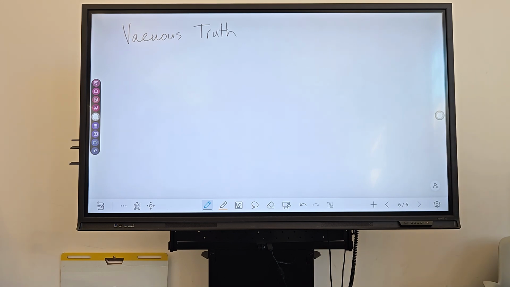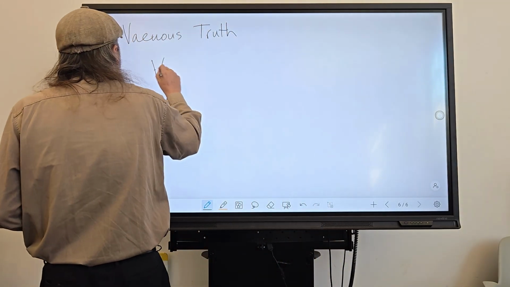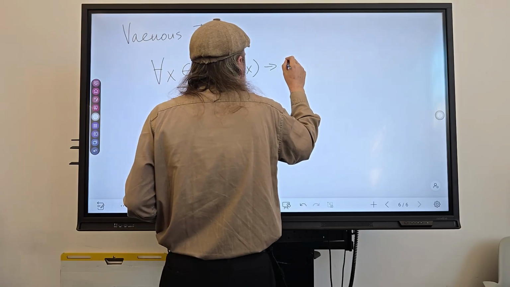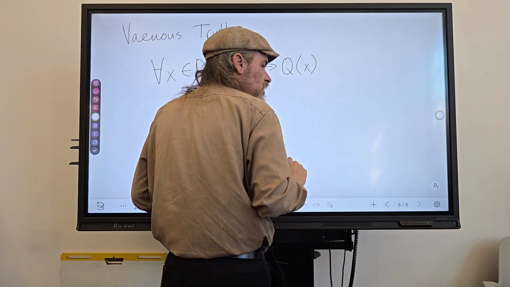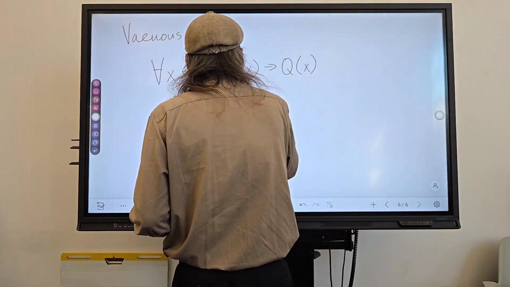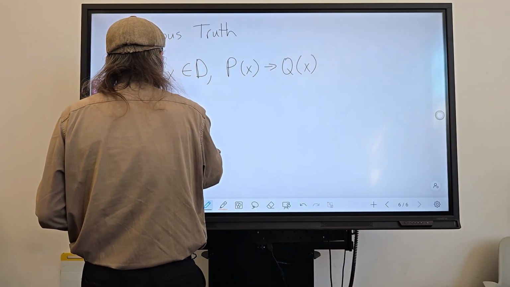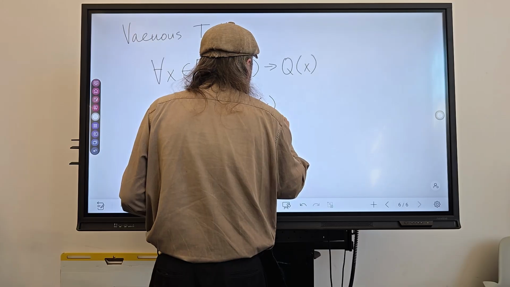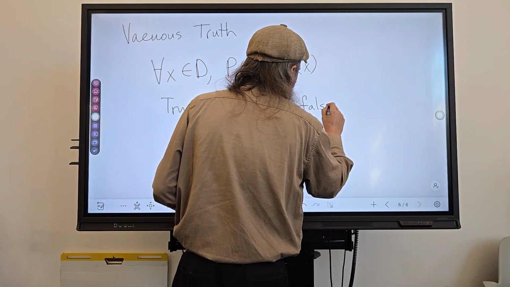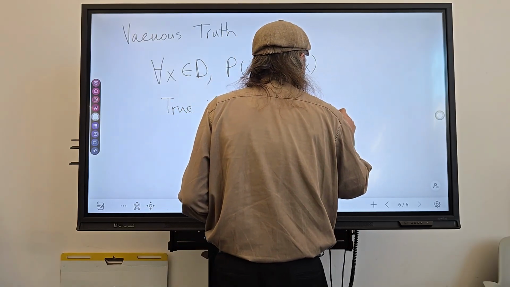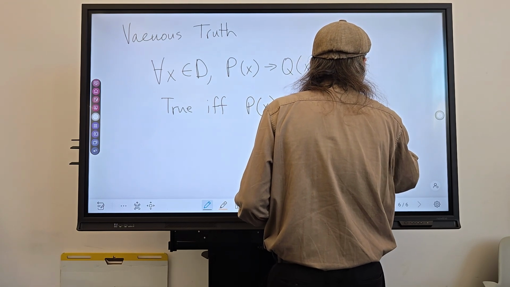So, in general, for all x in D, if P of x then Q of x is called vacuously true if and only if P of x is false for all x.